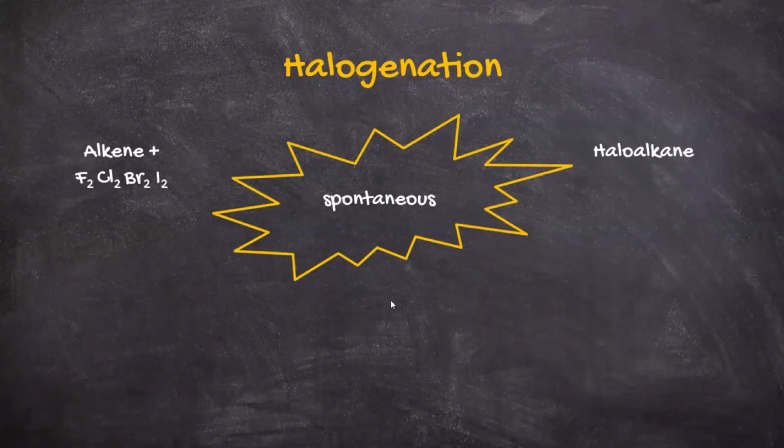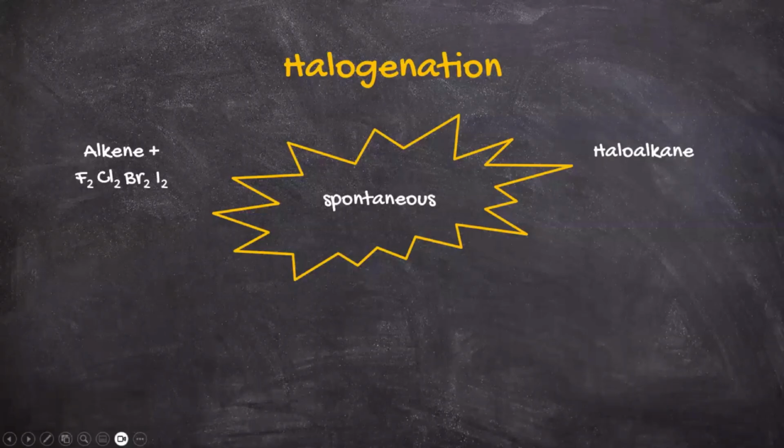If I'm halogenating something in the lab, I put an alkene in there, I put some halogen in there, and I get a haloalkane without having to do anything. It's fantastic, okay? Halogenation, there are no conditions. It's spontaneous.